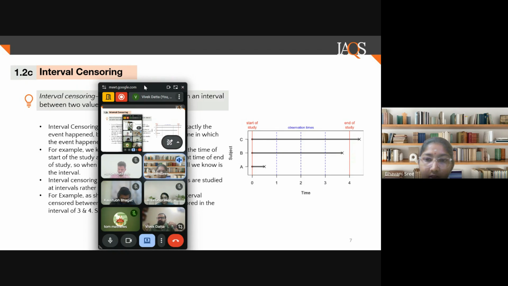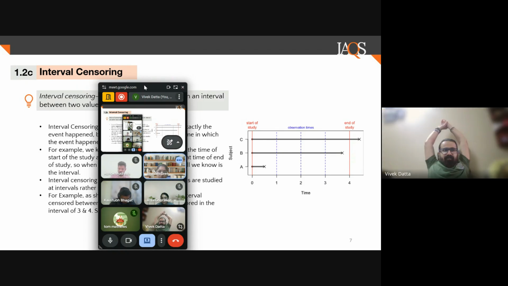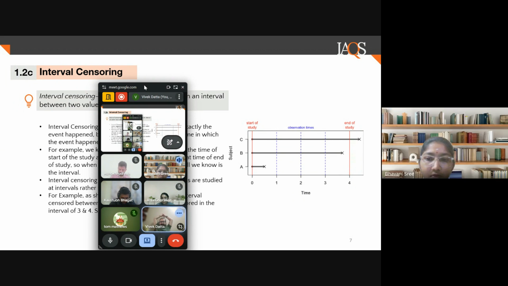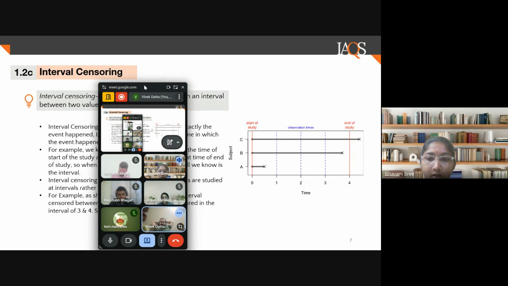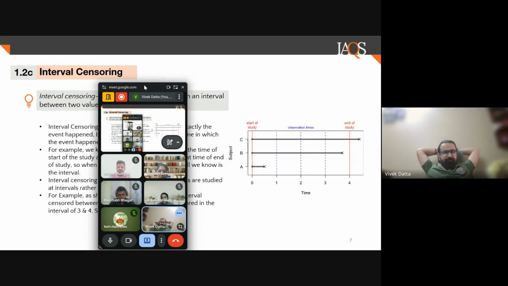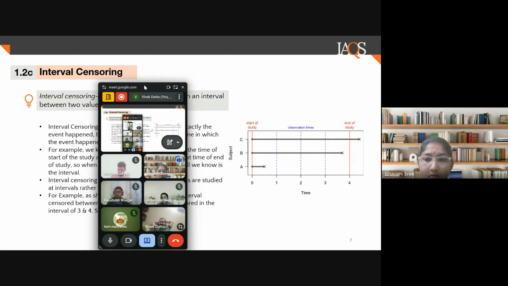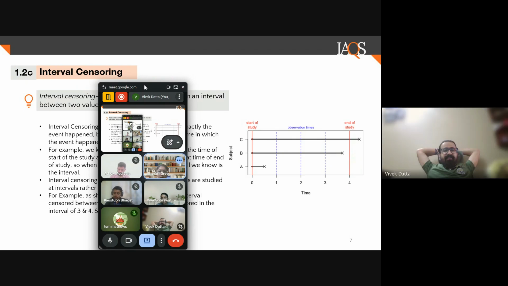Probability that a person will die within a year. Within a year. Do you know the exact time? No. I just know that they were alive at the start of the year, but they were dead before reaching x plus 1. Do I know the exact time of death? No. This is interval censoring. Yes. Well done.